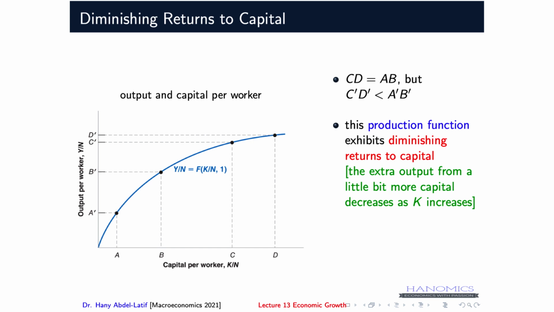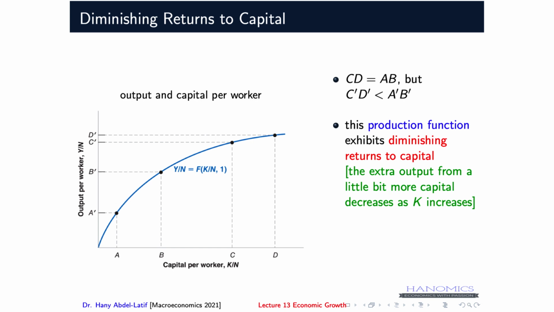However, on the vertical axis, which shows the change in output per worker, you will see that the distance between C and D is actually smaller than the distance from A to B. So as you add more capital, this sort of production function exhibits diminishing returns to capital.